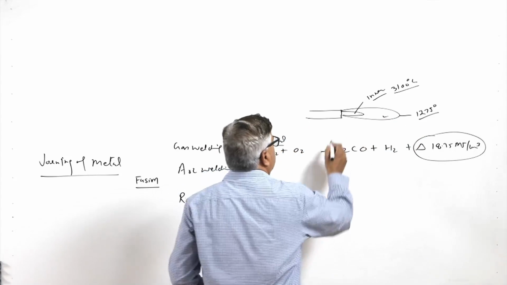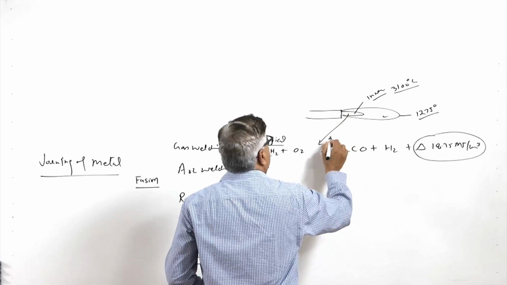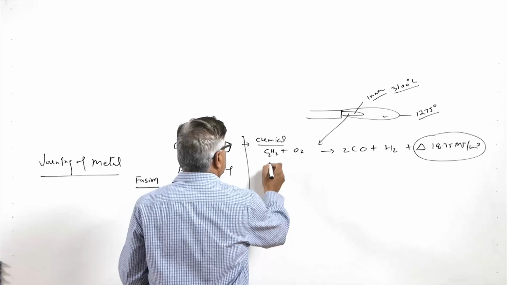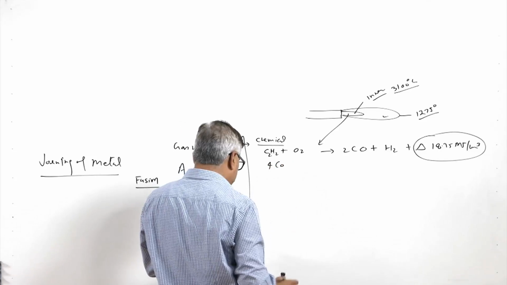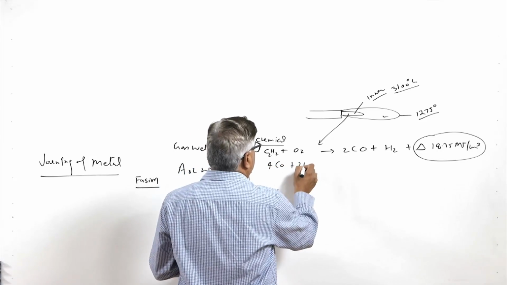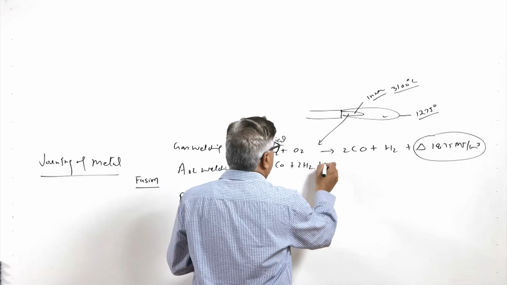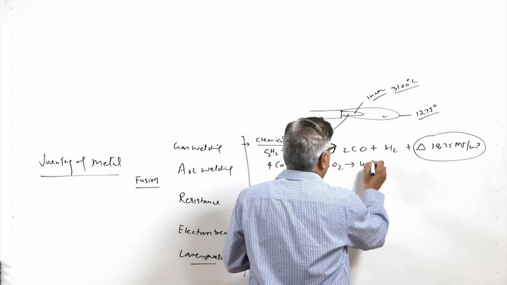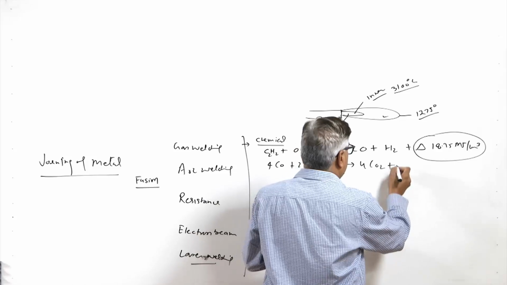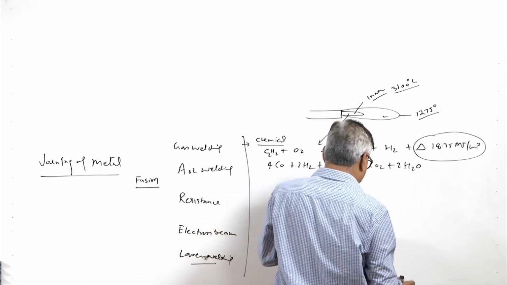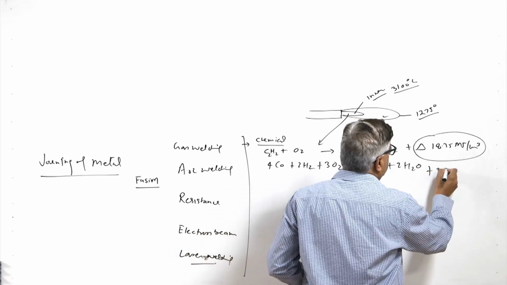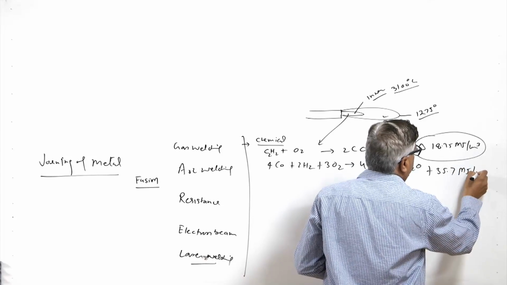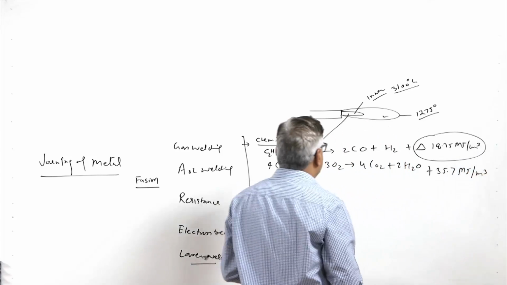This kind of reaction takes place in the inner cone, while the outer cone offers another reaction wherein more heat is generated, of this kind: 4 CO2 plus 2 H2O plus a lot of heat, like 35.7 megajoule per meter cube of the acetylene.